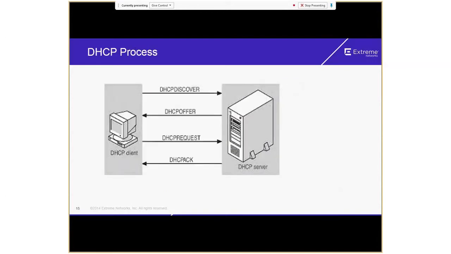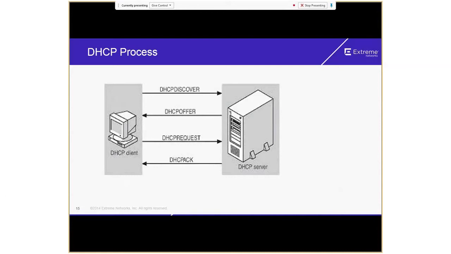And I will briefly explain how the DHCP process works. Many of you must be aware of this. The client initially sends a DHCP discover packet, which is a broadcast, because it doesn't know what its IP address is. It's going to send to the server requesting an IP address.